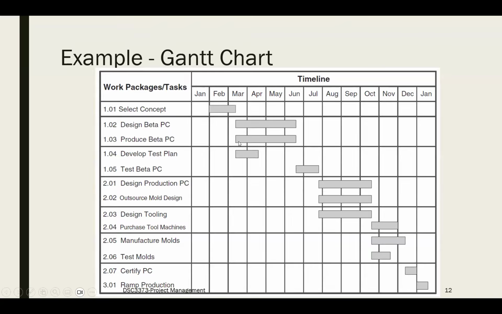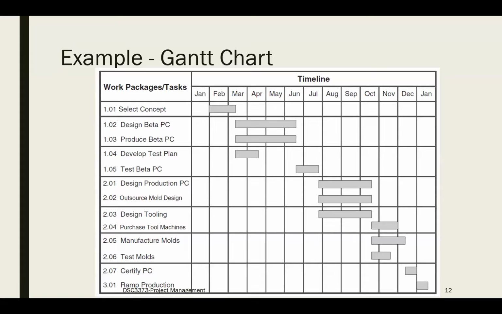So you can see here that there is a clear precedent. Before you design or produce, you have to select the concept, right? Once you select the concept, you can go ahead with designing and producing the systems. Okay, and along with those, you can see you have to develop the test plan as well, right?